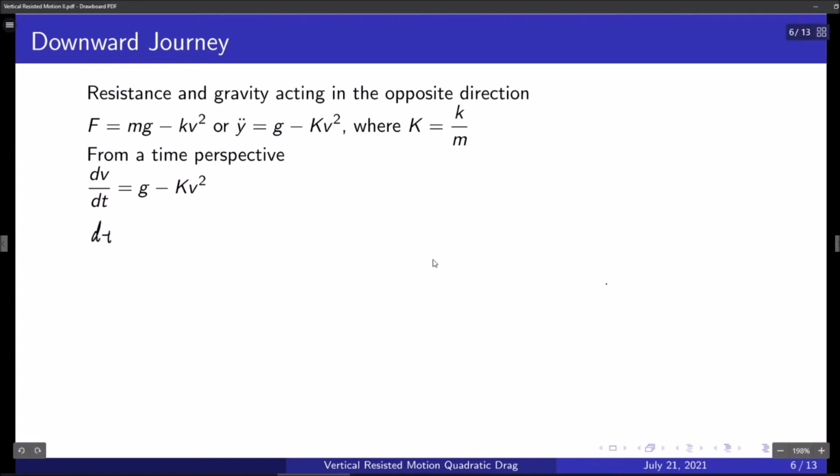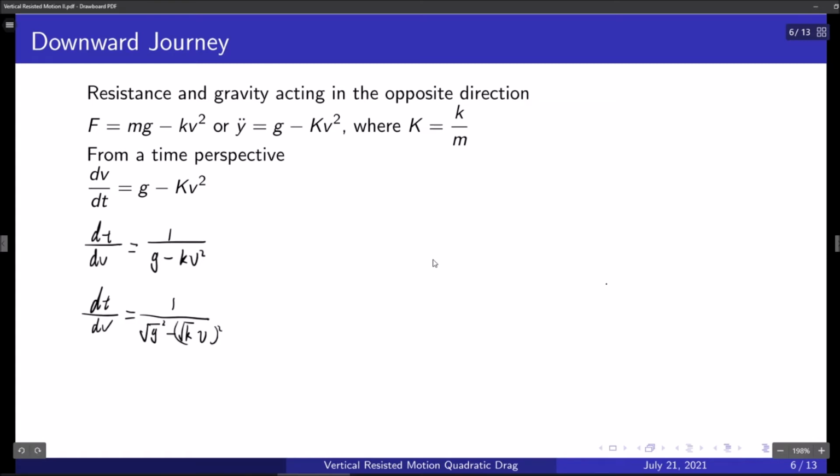So dt over dv equals 1 over g minus kv squared. As you can see here, this expression, we don't have it in our standard integrals. But because we are subtracting a square term, we can always treat it as a difference of two squares. So square root of kv.